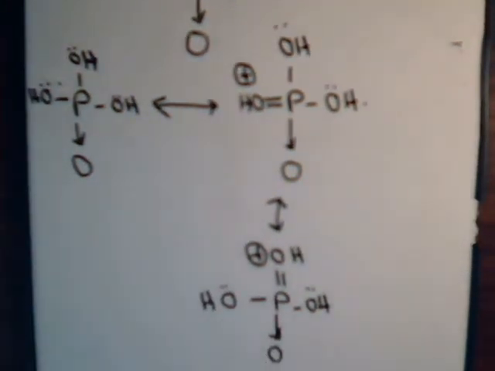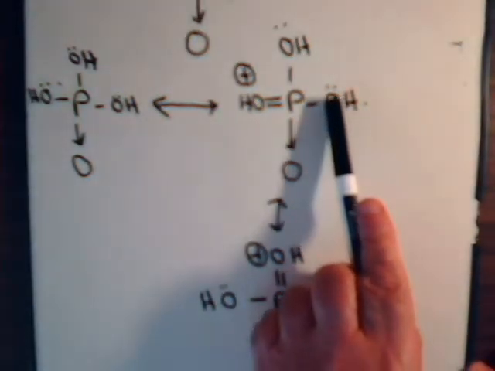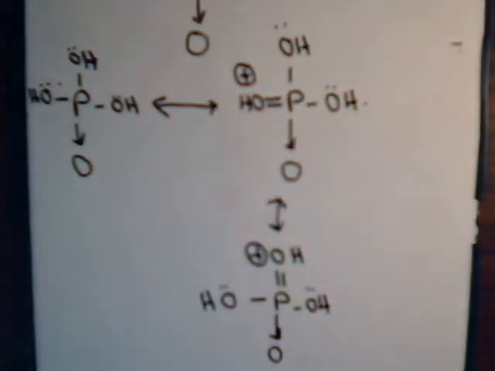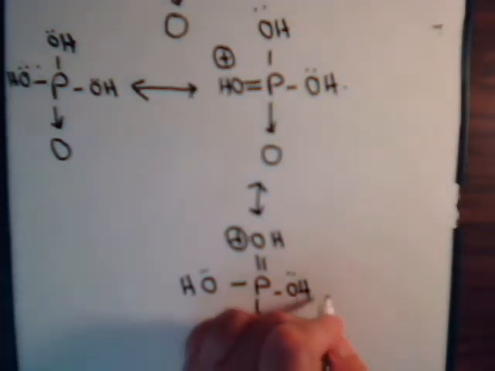There is another canonical structure that we can write for phosphoric acid, or it could be that this oxygen donates its electron pair to the empty phosphorus d orbital. Can we write that here?